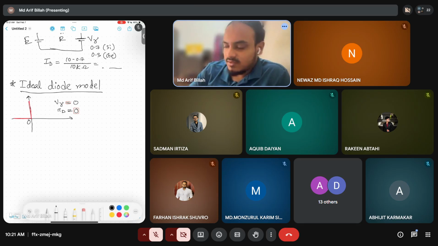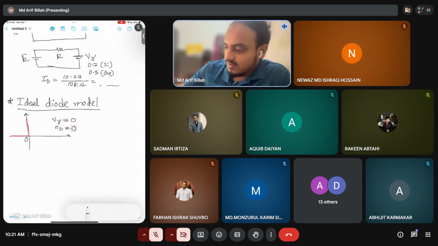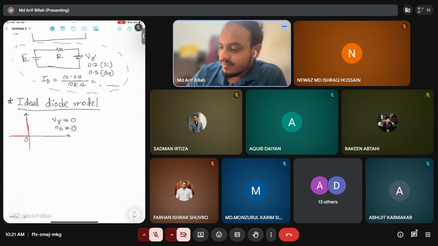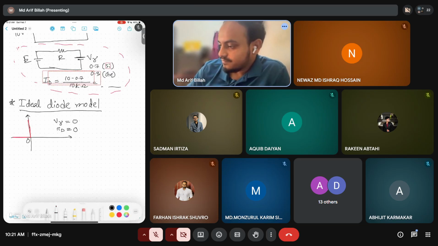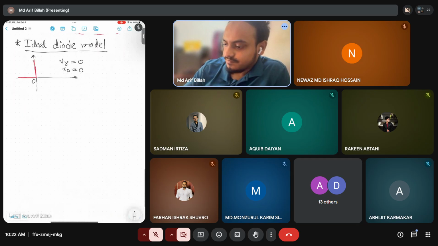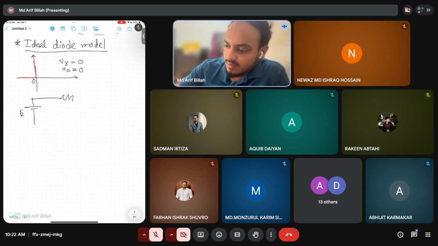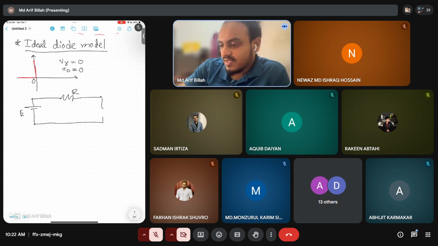তাহলে with this assumption, what does this circuit become for the ideal diode model? You have E and R. যেখানে কি হবে?